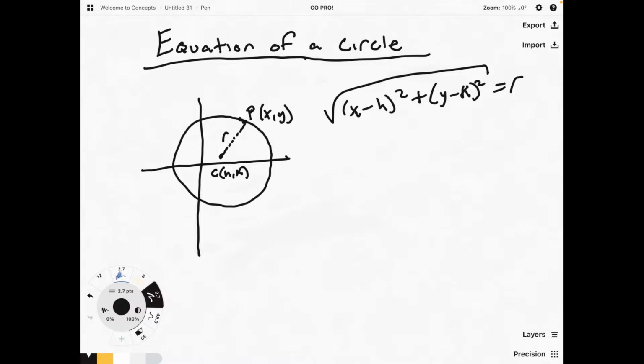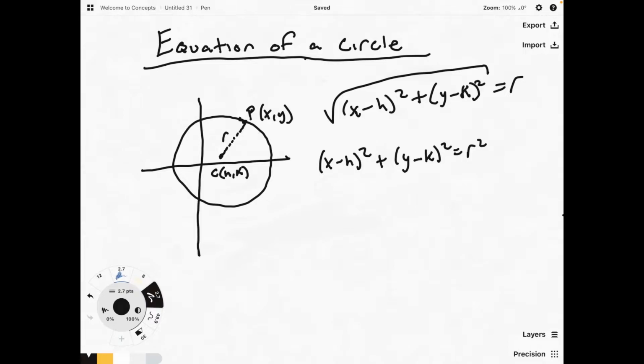What we can see is the distance from point C to the point on the circle is considered the radius, and that distance can be expressed using the distance formula, which gives us r. If we take out the square root, then we're left with (x minus h) squared plus (y minus k) squared, which is equal to r squared, because we just square both sides.